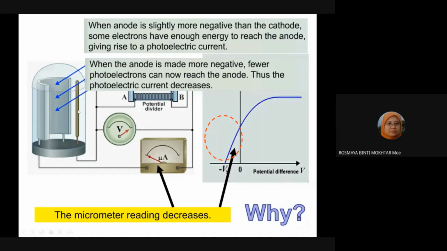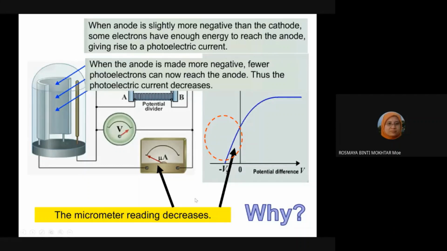The more negative the anode, the greater the repulsion force. That is why the photoelectric current decreases.